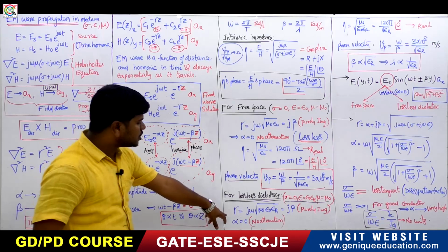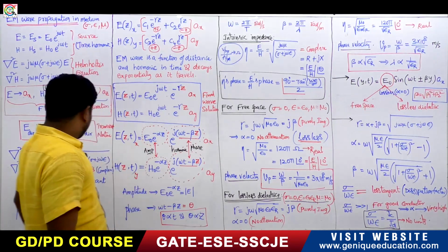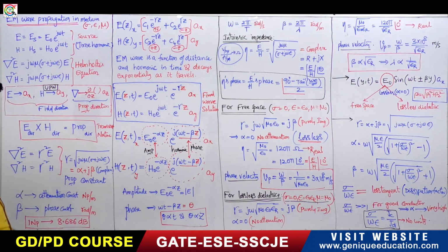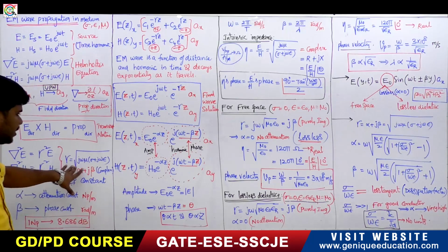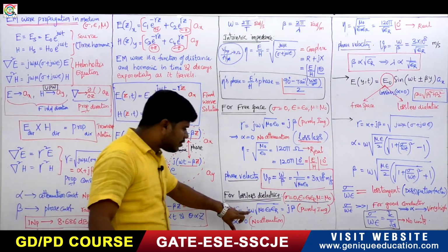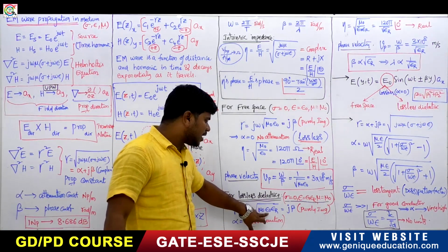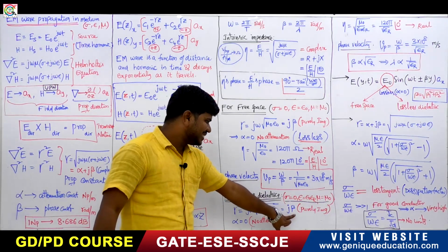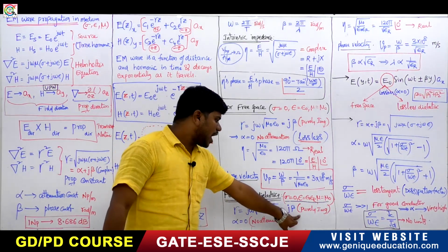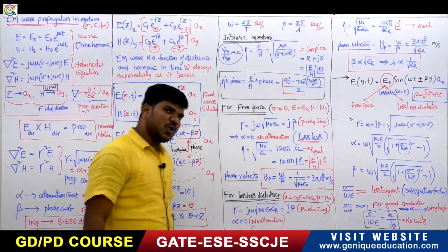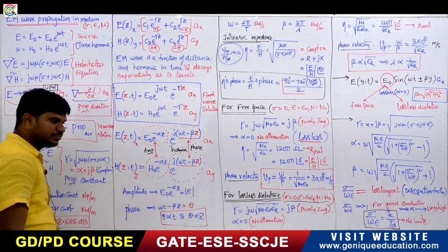So gamma is equal to, if you put these values, epsilon equal to epsilon naught epsilon r, mu equal to mu naught, and sigma equal to 0, you will get gamma equal to j omega root over mu naught epsilon naught epsilon r. So it is j beta. Here also we are getting alpha equal to 0, so the propagation constant is purely imaginary.